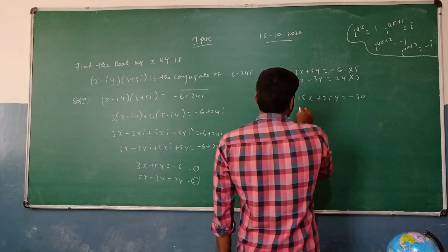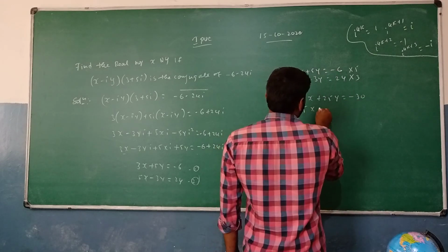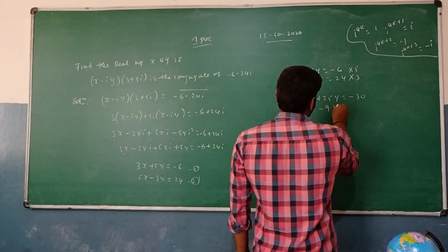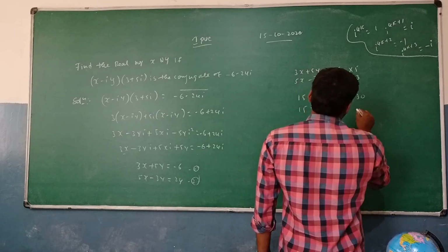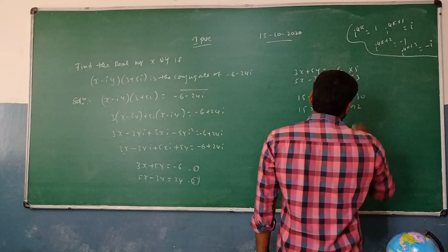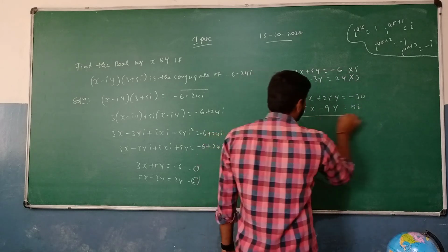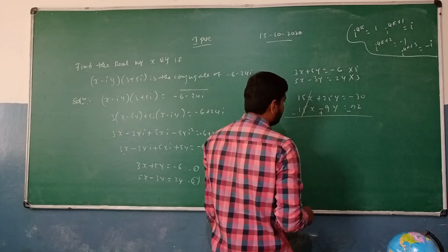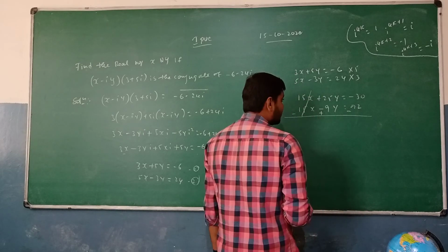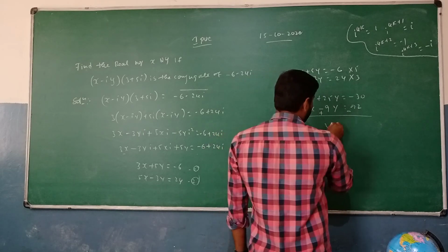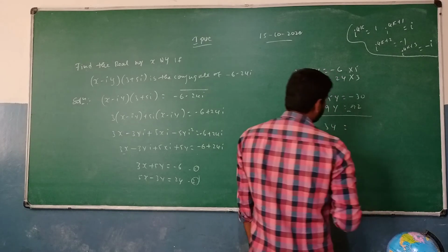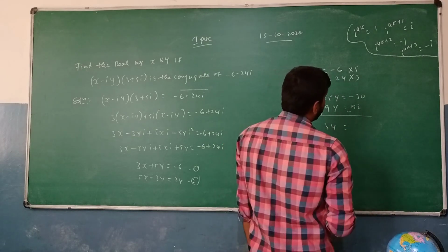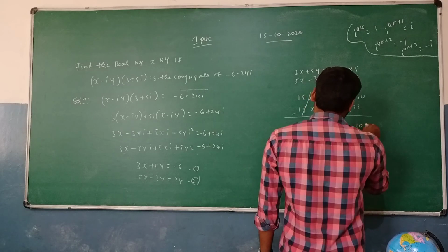Here, 15x minus 9y is equal to 24 times 3, so that's going to be 72. Okay, 72. Making it negative, that's going to be plus and minus. So 15x cancels, 25y plus 9y, that's going to be 34y, which is equal to minus 30 minus 72, which is minus 102.